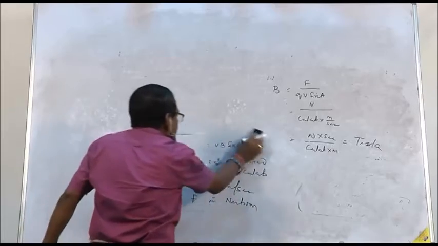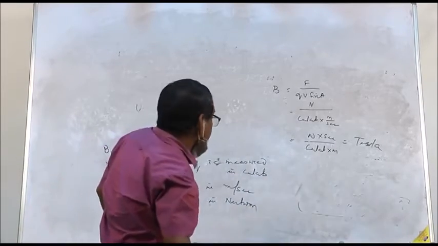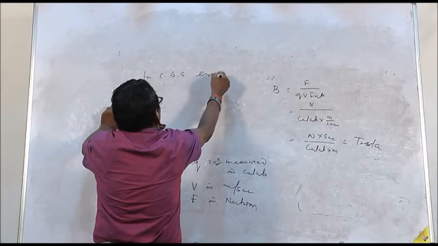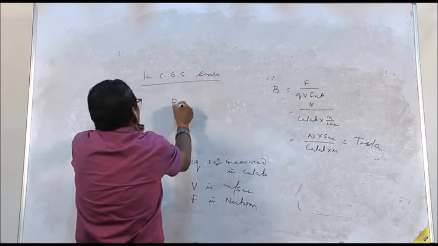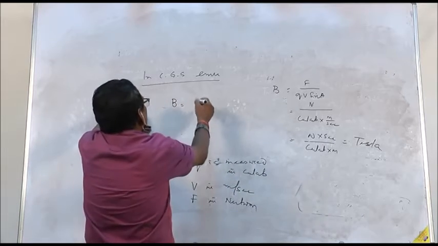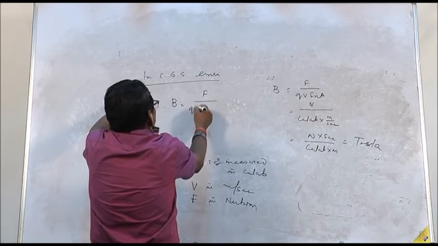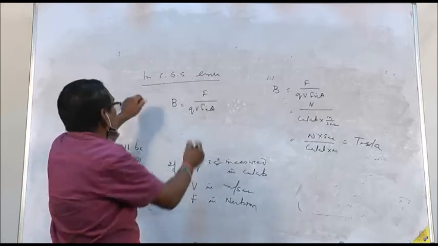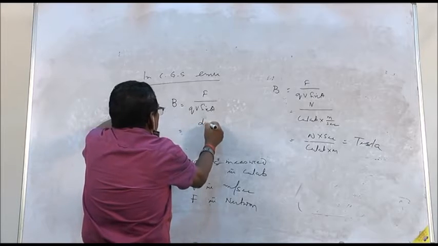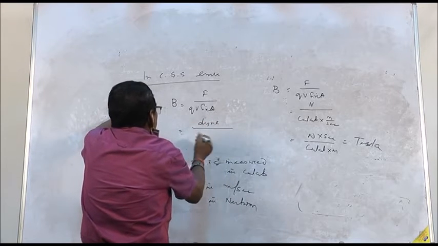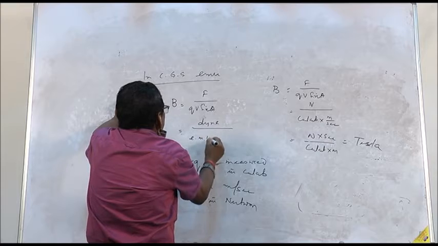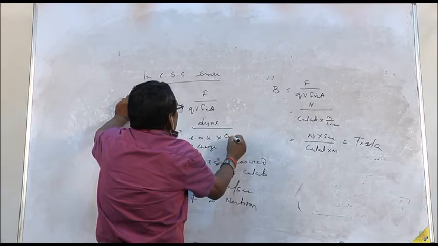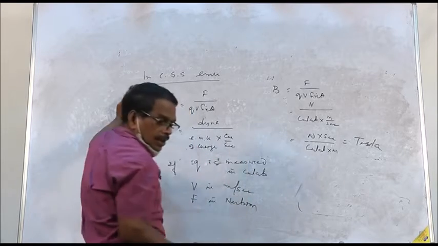In the CGS electromagnetic unit, B is equal to what? Same formula you can put, F by QV sin theta. Put the unit of F as dyne, Q as EMU of charge, V as centimeter by second, and sin theta has no unit.